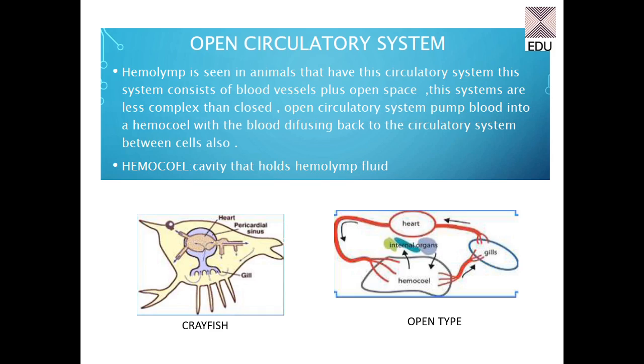Back it goes to the three arteries, again it comes to the organs, again it goes to the gills and back to the pericardial sinus. So that was the course of circulation in the open type of circulatory systems.